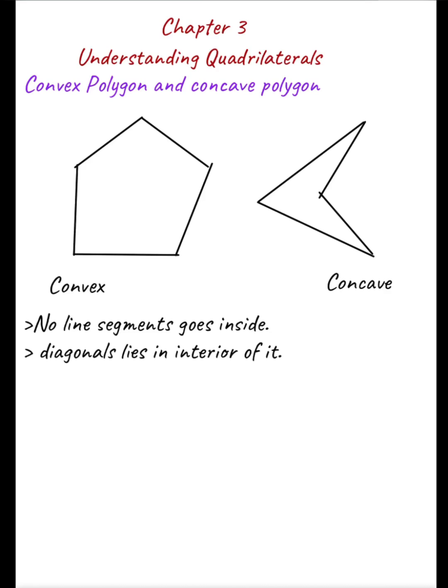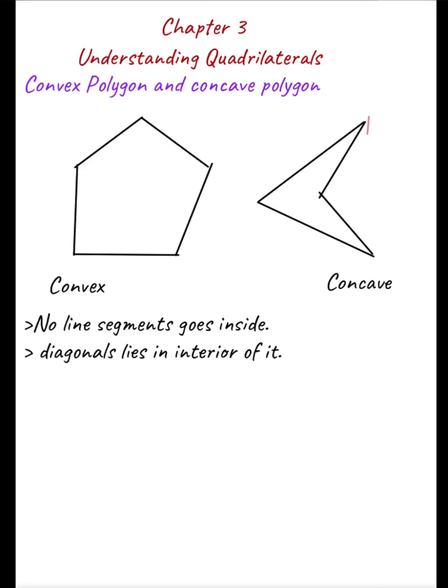For the convex polygon, no line segment goes inside, but for a concave polygon, some of the line segments may go inside. And in the case of diagonals, for a convex polygon, all the diagonals lie in its interior, but for a concave polygon, some of the diagonals may lie exterior.